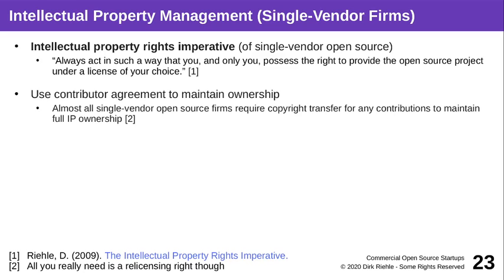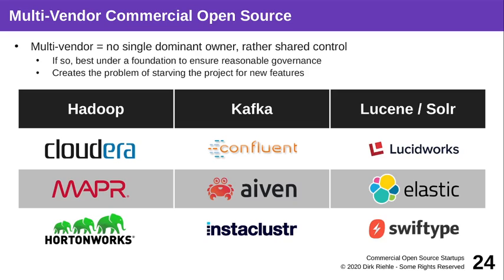Hence, all single vendor open source firms, when offered by a community member some new functionality, will require a copyright transfer to the company from that community member to maintain full 100% ownership of the intellectual property their business is based on.